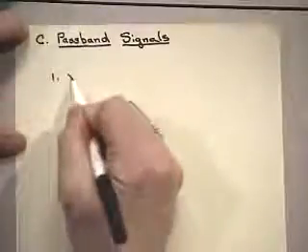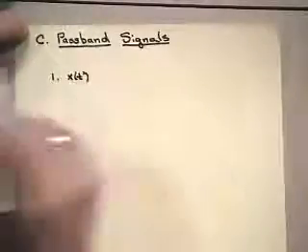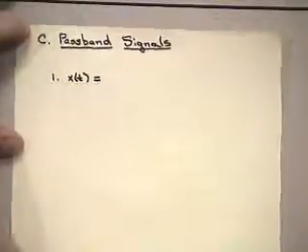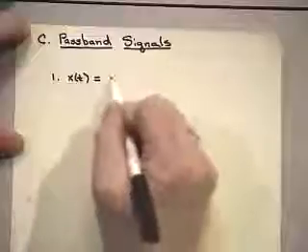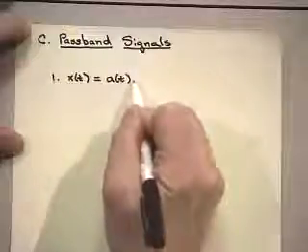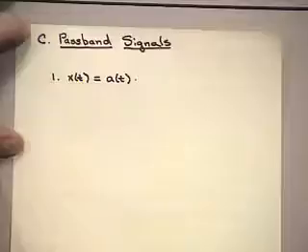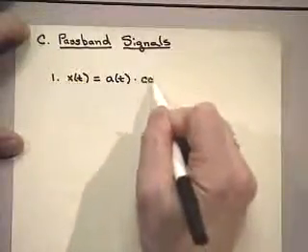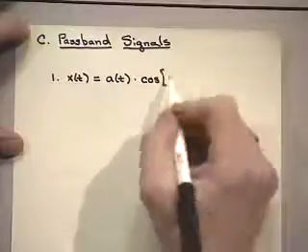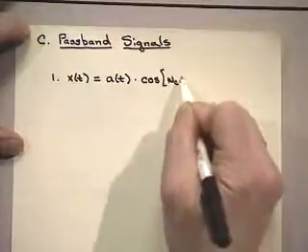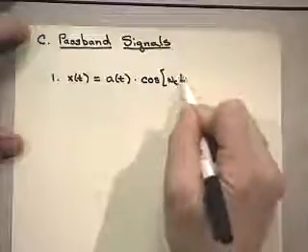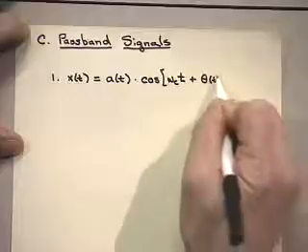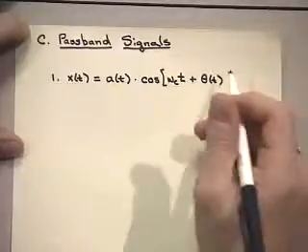The first thing that we look at for passband signals is we take any signal x of t, and if it can be modeled as a product of some amplitude function a of t and a factor which is essentially a sinusoid, cosine of omega_c t plus some phase theta of t, which could be time varying, so not necessarily constant.